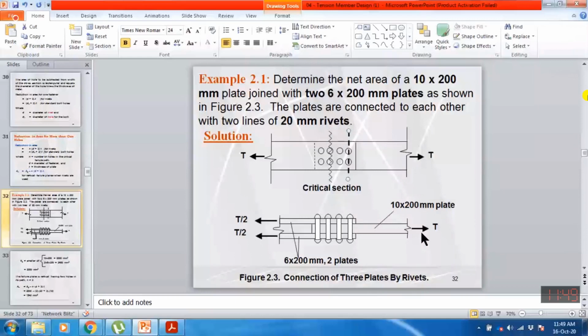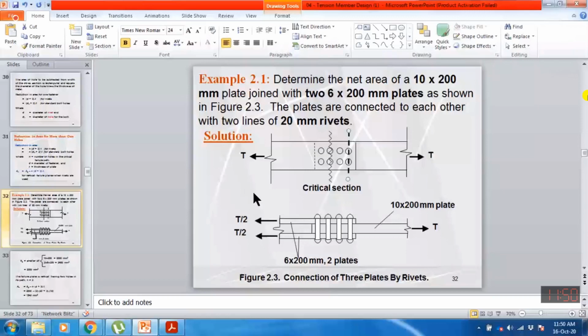Now, if the total force T is acting in the large plate, then on the smaller plates the force will be half. So there are two possibilities: either the larger plate will break or the two smaller plates will break at the same time. First we need to compute the gross area, and we will use whichever is lesser out of the larger plate and the two smaller plates.